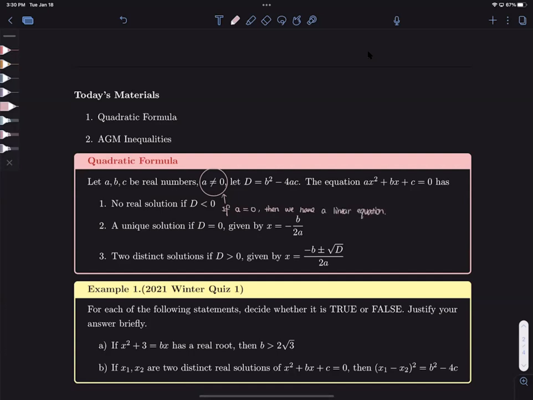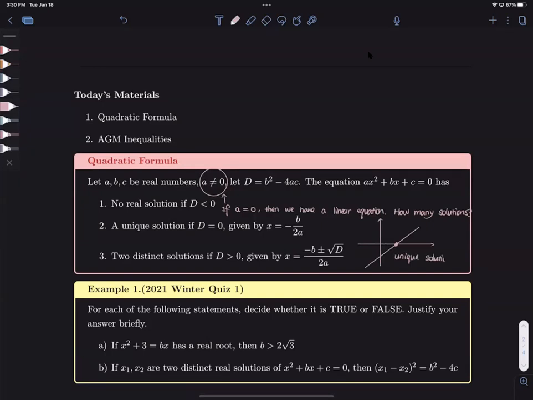My next question is, how many solutions do we have for a linear equation? One, that's correct. So linear, if you look at the graph, it's a straight line. So it's gonna pass through the x-axis exactly 1 time. So it would have a unique solution.